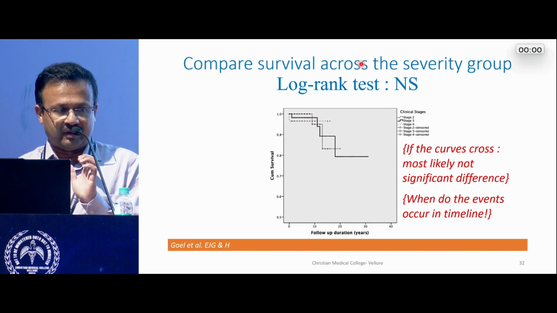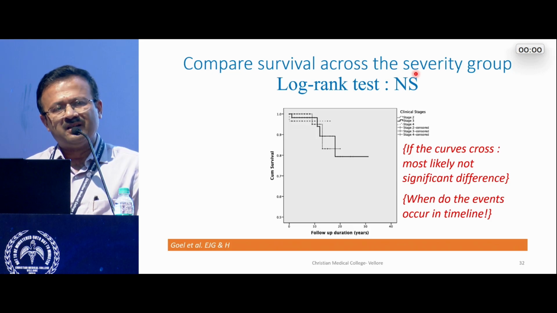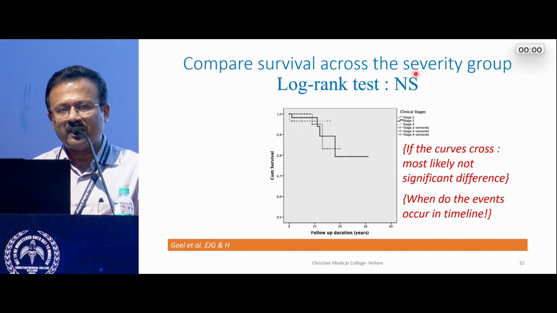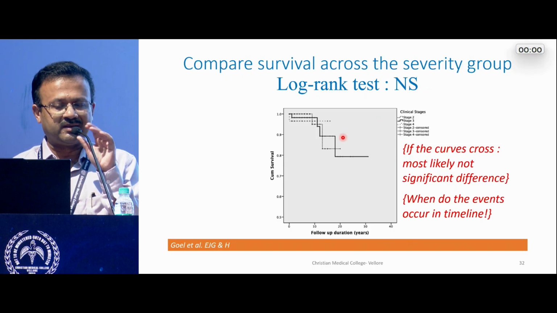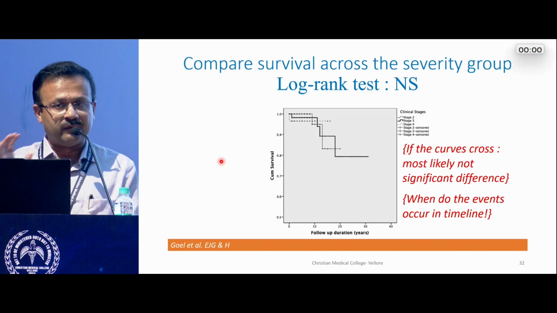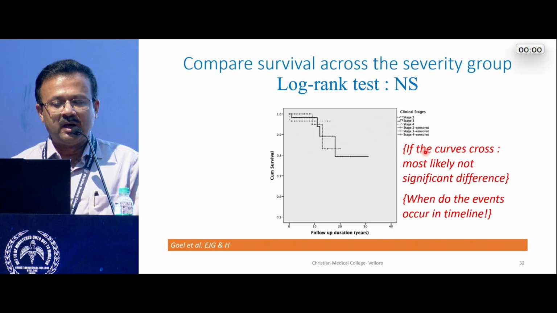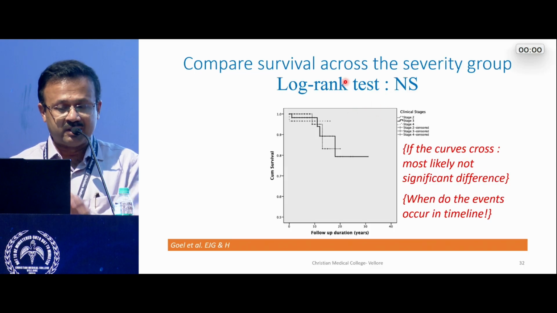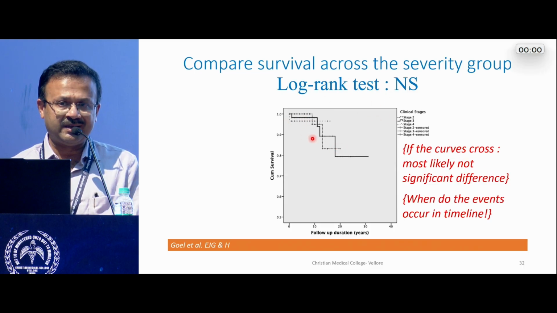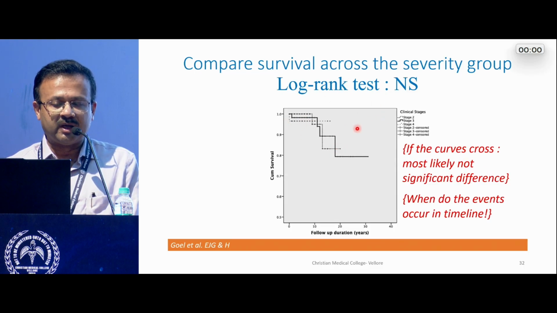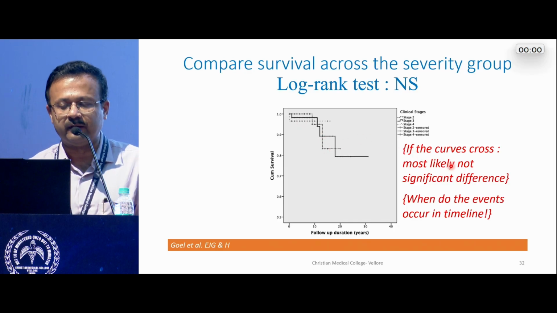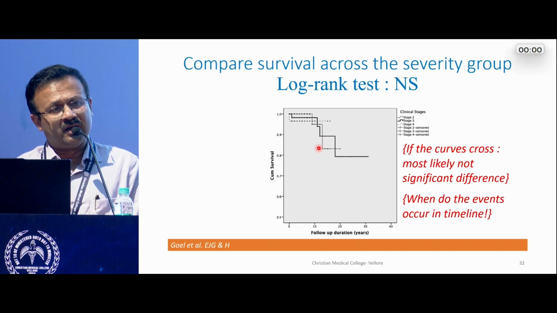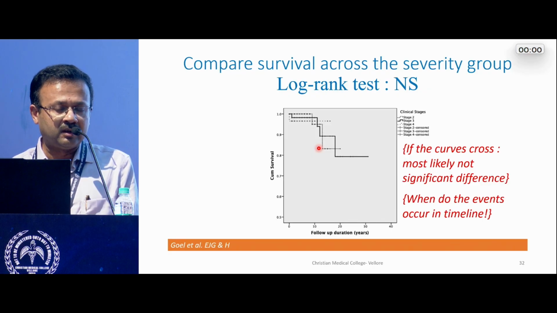The survival across the severity groups can be easily compared by the log rank test. I am not going to detail this. It's a chi-square based test, looking at the difference between observed and expected. Just to make a point, if the curves intersect each other, usually they are not significantly different. The other thing that you can look at in the curve is when the events happen.